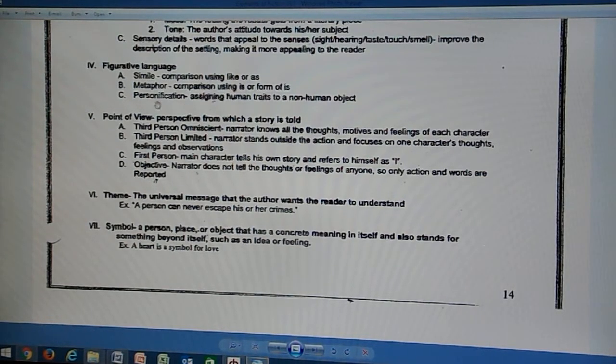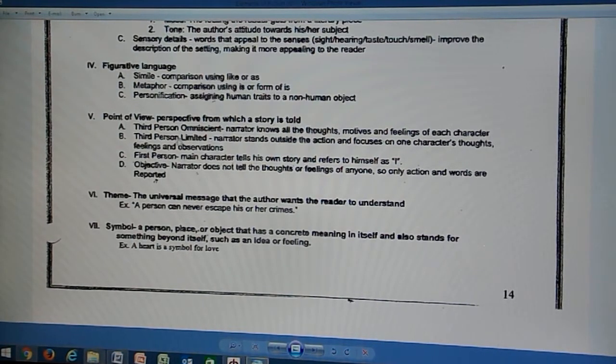So that's an example of personification. I think of Beauty and the Beast. There's a lot of personification there because we have the teacup and the candlestick and the clock and all the talking furniture. Those are all examples of personification in giving non-human objects the traits of human beings and the ability to do the things we do.